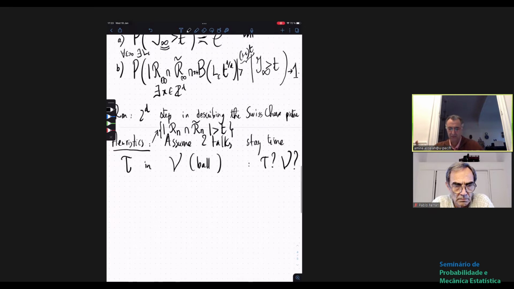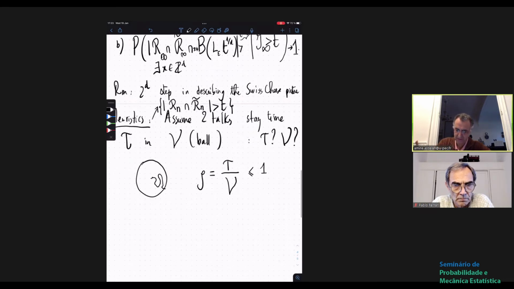So the first thing is that if you stay at time t inside this ball, the density is the number of monomers you have inside the ball over the volume. And I don't need it to be larger than 1, because I'm looking at the intersection of the range.